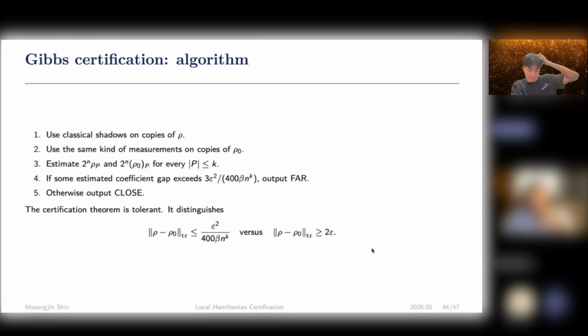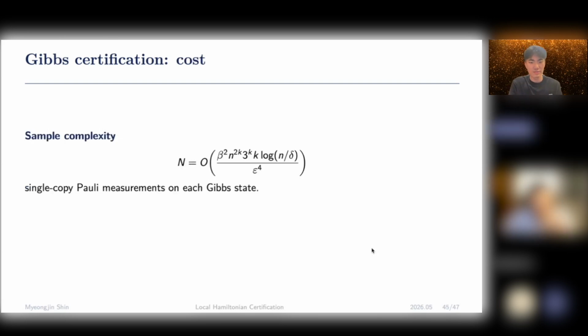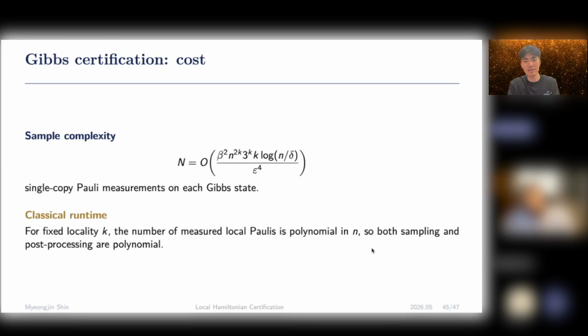So let me tell you the algorithm once more. We can use classical shadows on the copies of rho, and by using Pauli measurements and just comparing them, whether they're far or close, we can certify the Gibbs state itself. So the sample complexity becomes this, and the classical runtime becomes polynomial in terms of beta and the number of qubits.